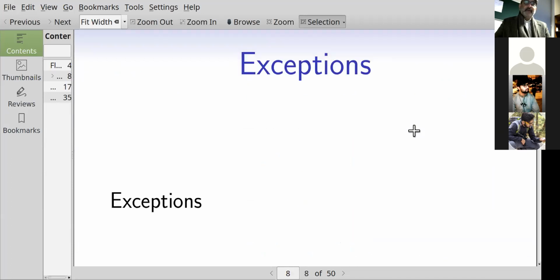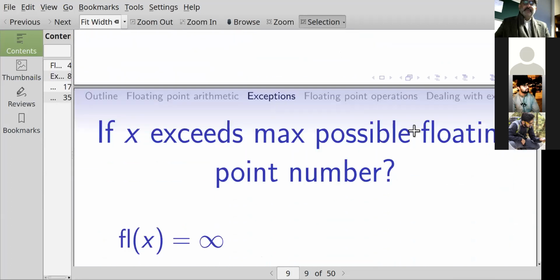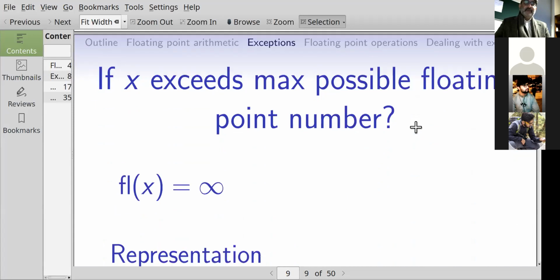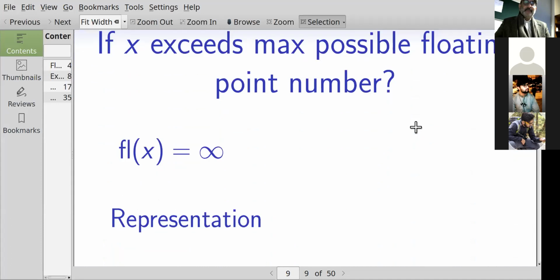Okay. Exceptions. If x exceeds the maximum possible floating point number, we set that to infinity. Well, what's infinity? You have to come up with a representation for that.